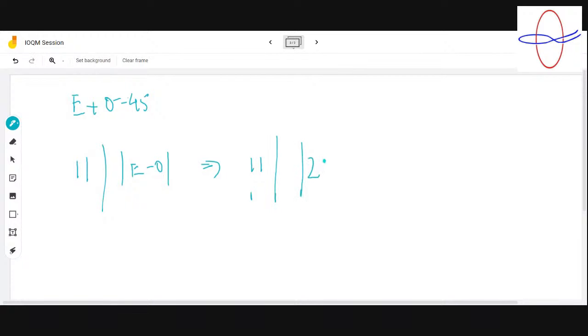You can also write it as 45 minus twice e. So you can understand from here what the possible values this can take are.